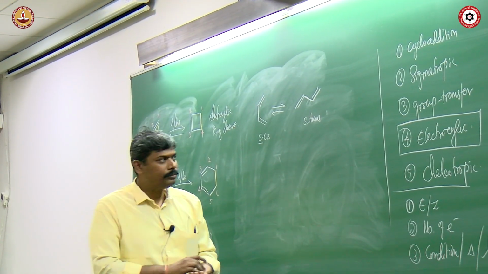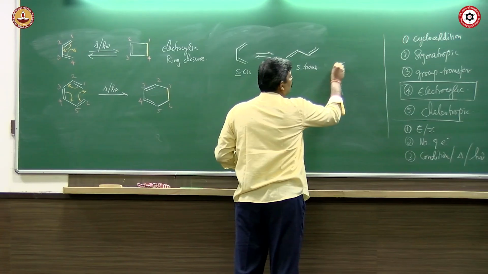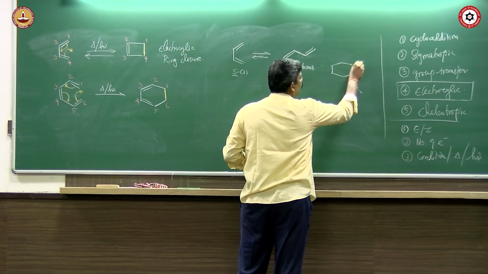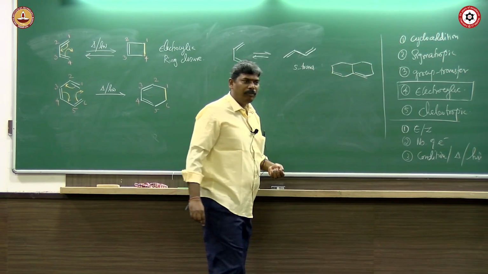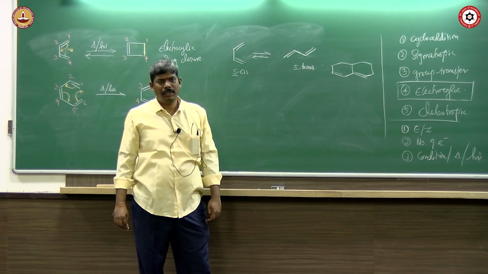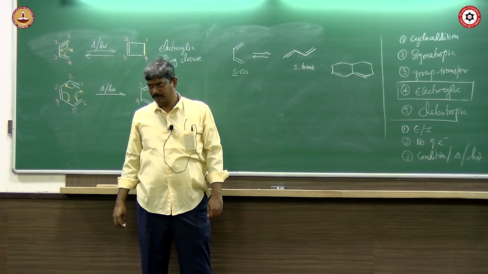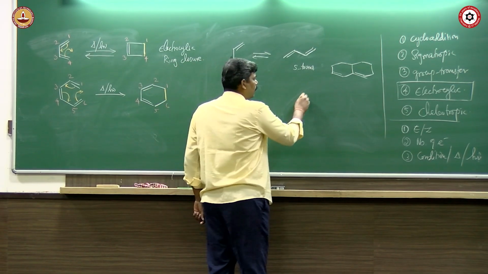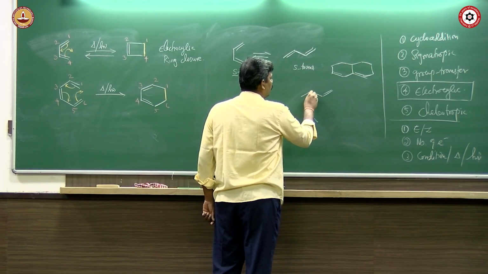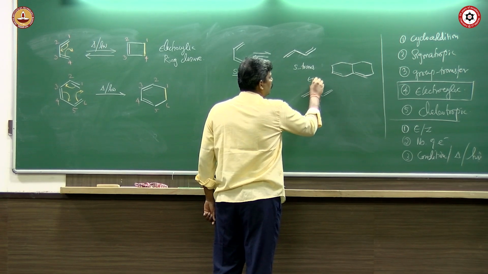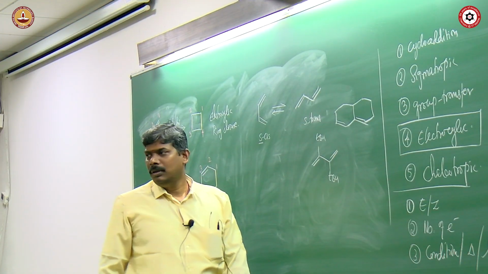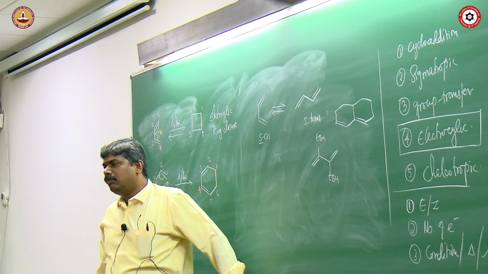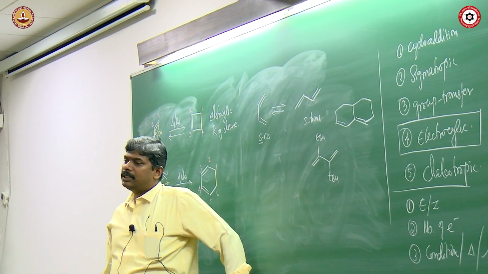For example, say it's conformationally frozen. This is a butadiene, it's in an S-trans form, right? You can have even an open structure, 2,3-di-tert-butyl butadiene also stays in S-trans form.